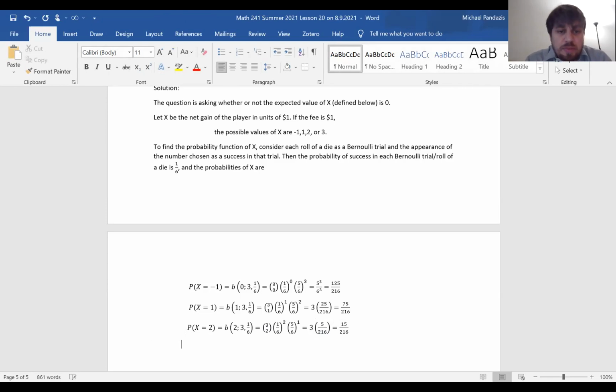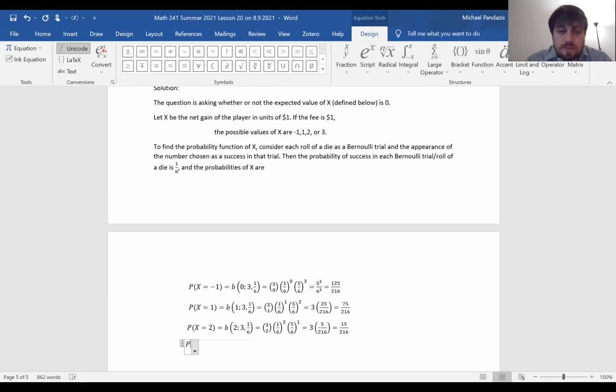And the last one is the probability that x equals 3. Your net gain is 3 by winning $4, paying 1 to play the game. So all 3 numbers appear. So you have 3 successes in 3 Bernoulli trials where the probability of success is 1/6. And that's equal to 3 choose 3 of 1/6 to the third power times 5/6, the probability of failure, raised to the 0th power.